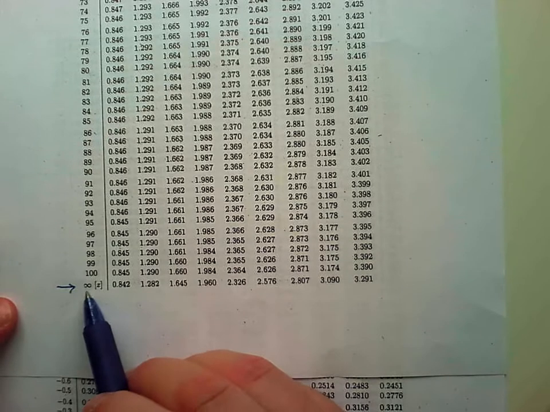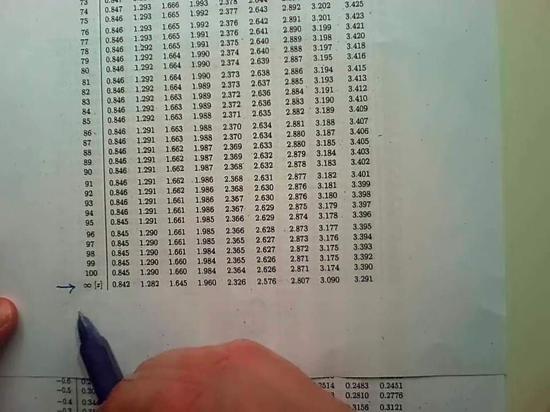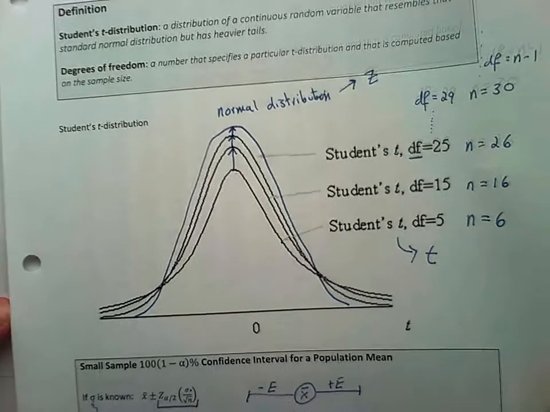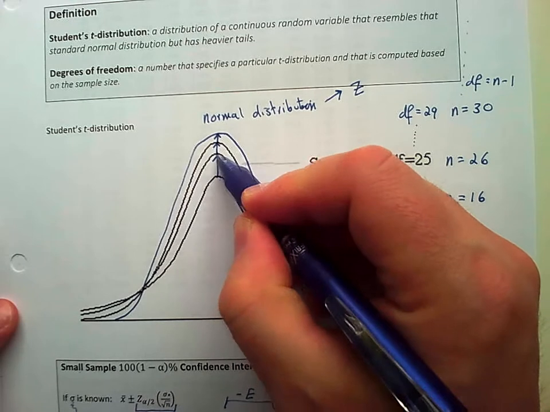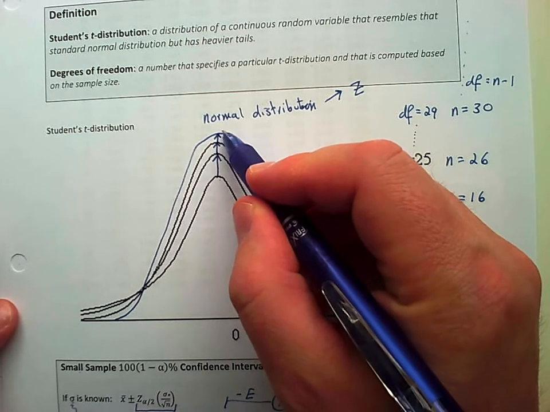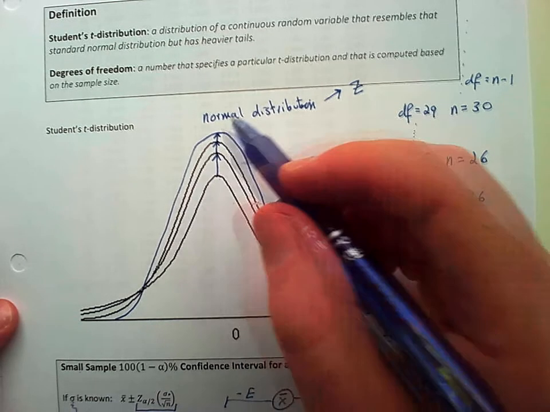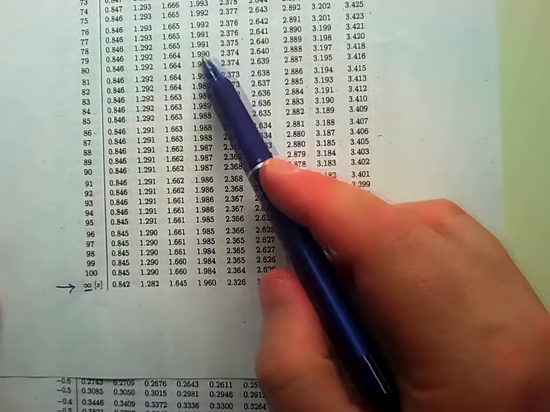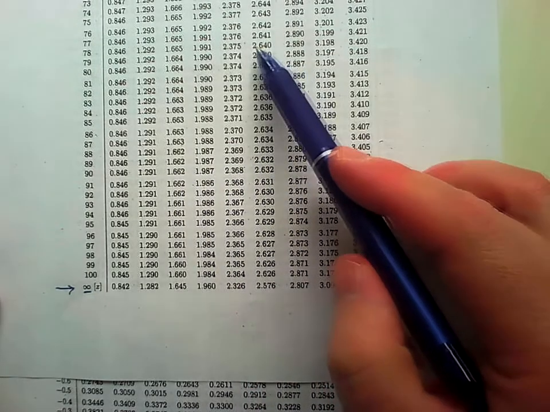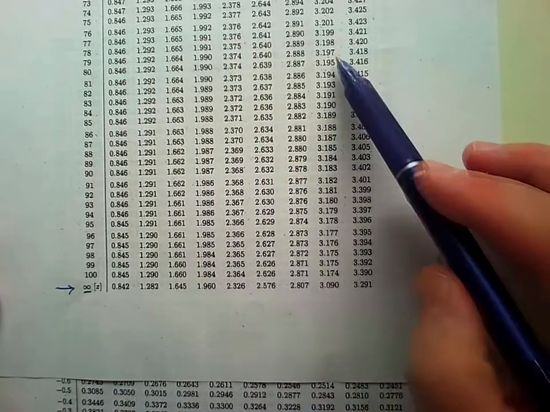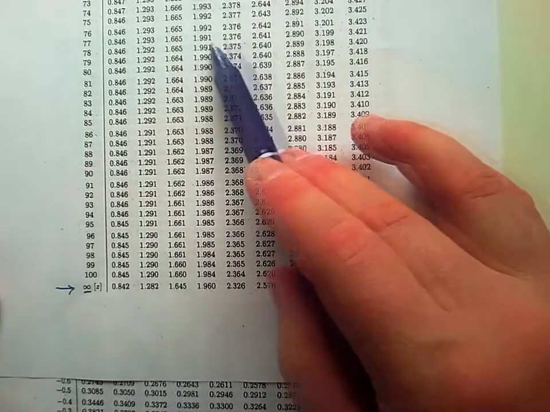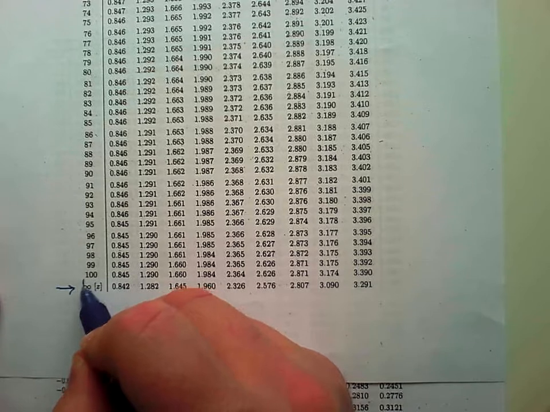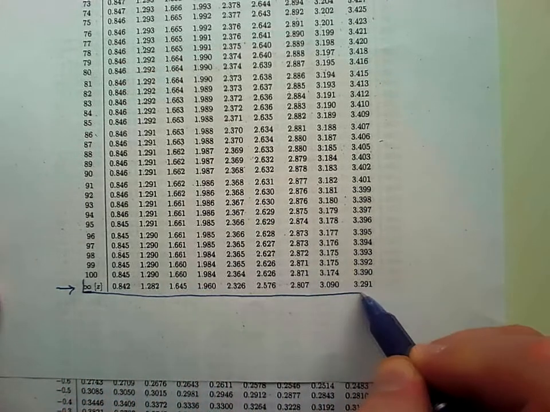It says now that our degrees of freedom are infinity. So when our degrees of freedom are infinity, our t distribution has now converged to our standard normal distribution. Another way of saying that is this: all of these values right here are t values. Remember that in the body of the t table, all of these values are not percentages, they're t values, except for this very last row right here.